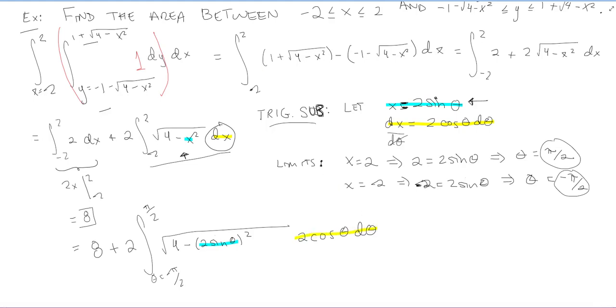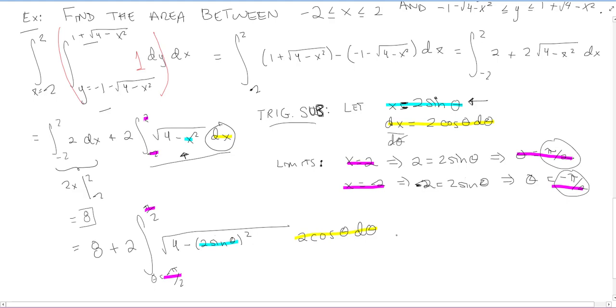And last, because we're doing substitution, we need to change our limits of integration. When our upper limit was 2, that corresponded to pi over 2 in terms of theta, and when our lower limit was negative 2, that corresponded to negative pi over 2 for theta. Hopefully that sums up what just happened there.